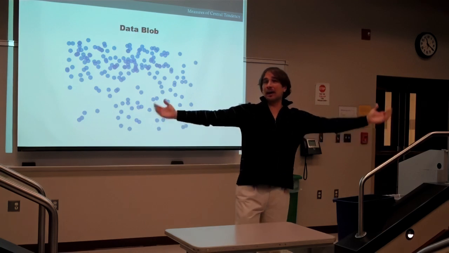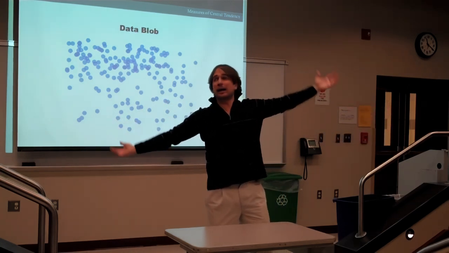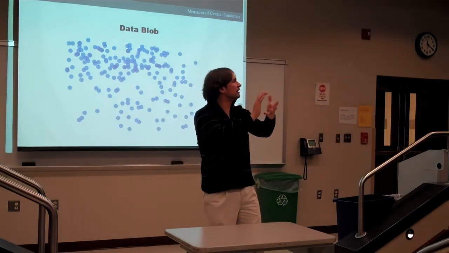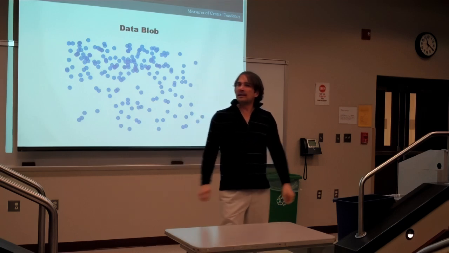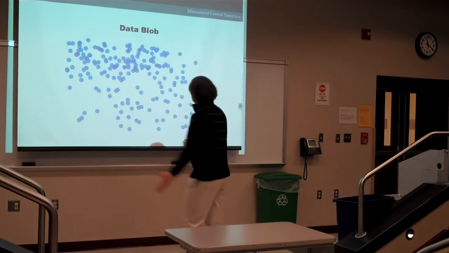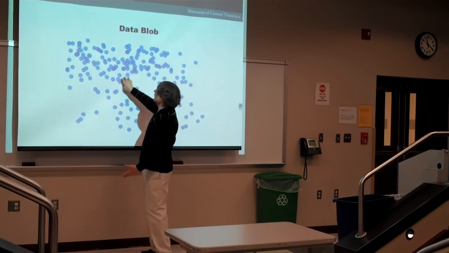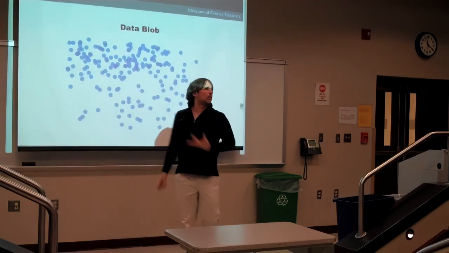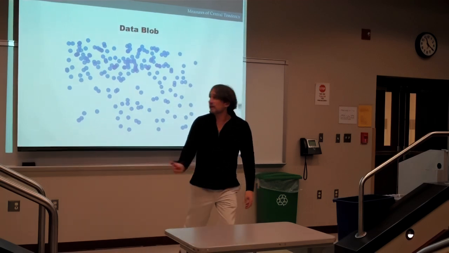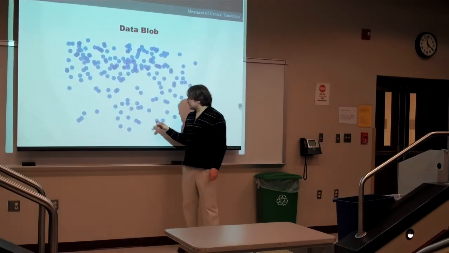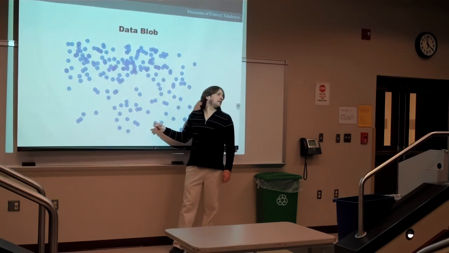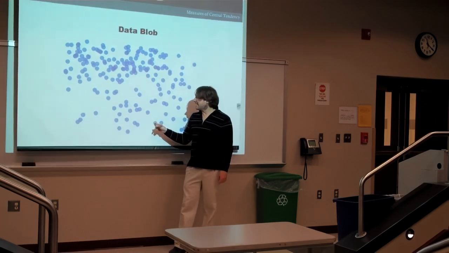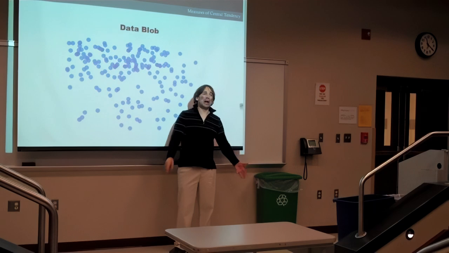I have to have an idea of how big is this blob. Is it really spread out? Or is it real tightly compressed? Where's the center of it? Is the center like right here? Or is it over here someplace? What's the shape of this blob? If I'm looking specifically at this one point, where is it in relation to the rest of the blob?